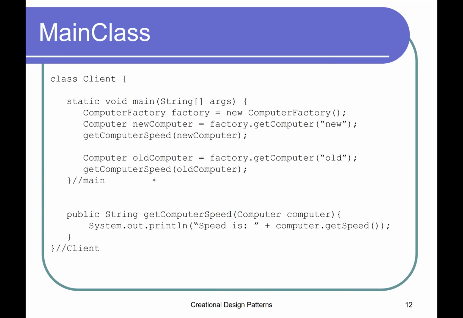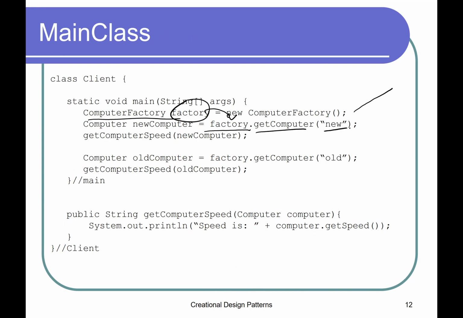So here is the client, which is the computer assembler. It obviously has a connection to a computer factory class. That's you talking to the person who's working at the store. You ask the factory object to get me a new computer, and what you're asking for is new.